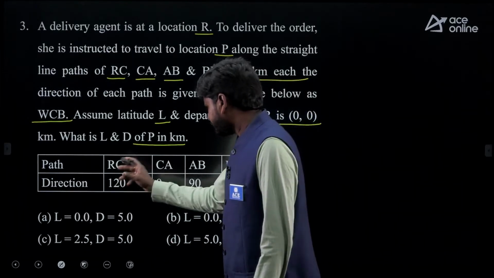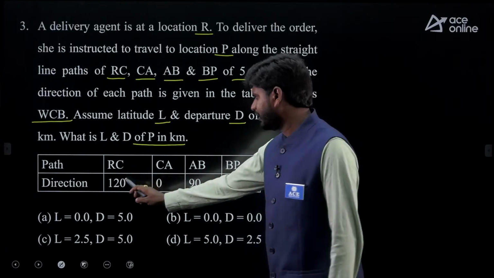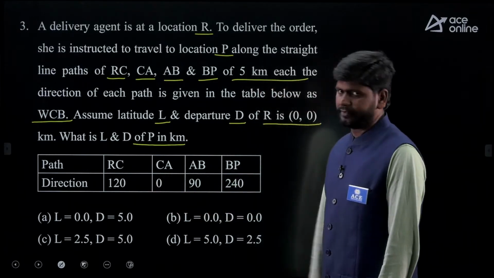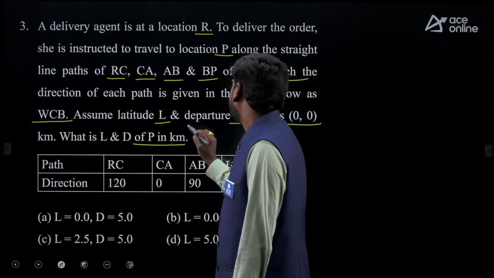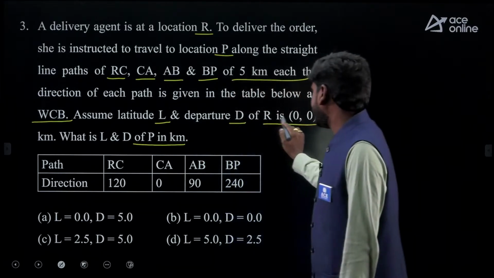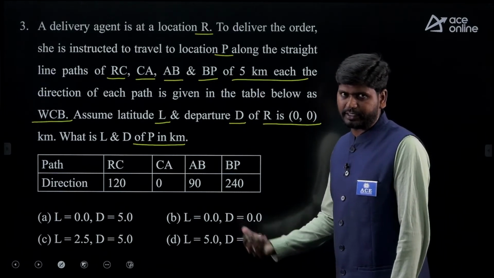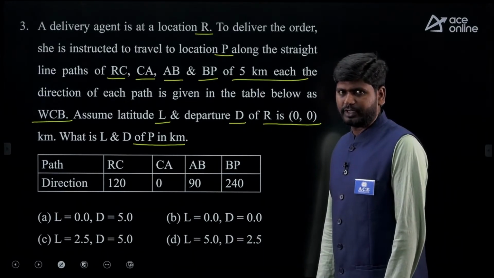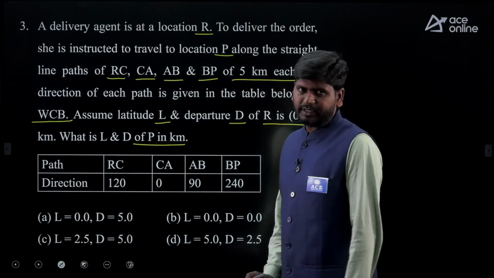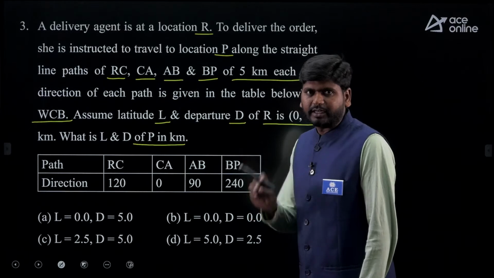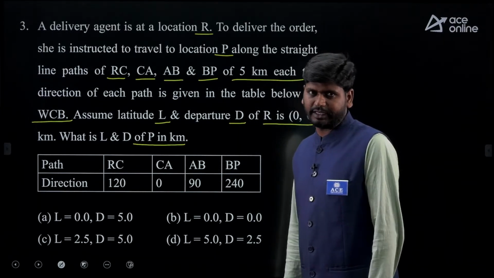So here there are 4 lines and 4 bearings given, and he is asking us to take the R point as 0, 0, the latitude and departure of that point as 0, 0, right? By using this data, the first step is to calculate the consecutive latitude of each and every line, right?